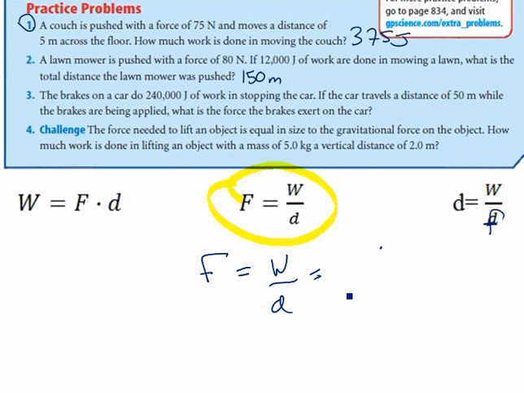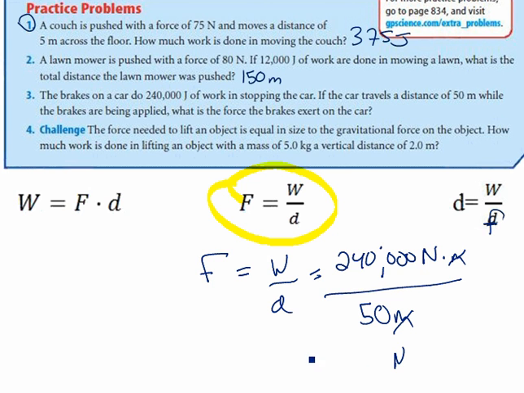So plug in the value for work, which is 240,000. And we're going to be using newtons times meters, all over 50 meters. We can immediately see that meters in the numerator and denominator will cancel out.